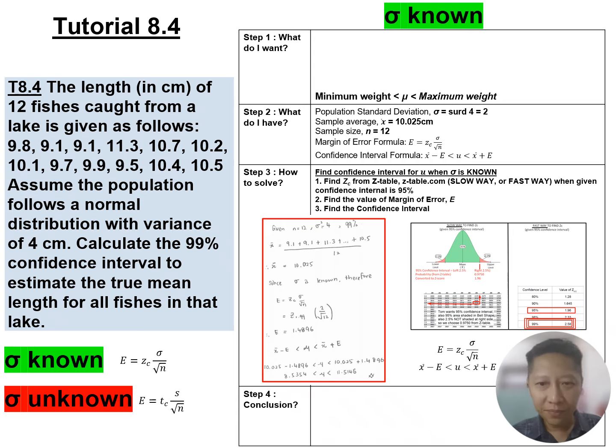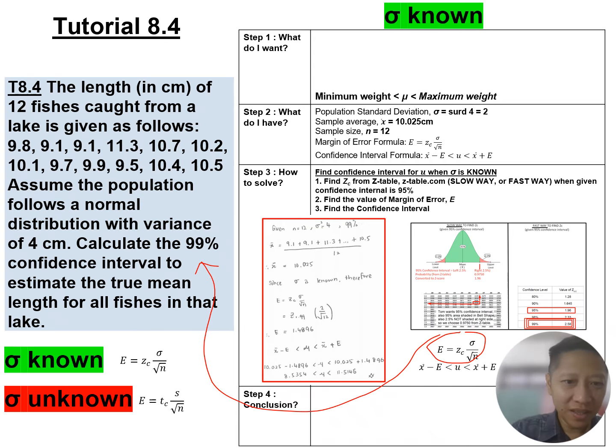How to solve? The margin of error E equals ZC times the population standard deviation divided by the square root of n. The difficult part again is to find the value of ZC, the Z critical, when the confidence level is 99%. So we are not going to pick the 95%, we're going to find the 99% here.